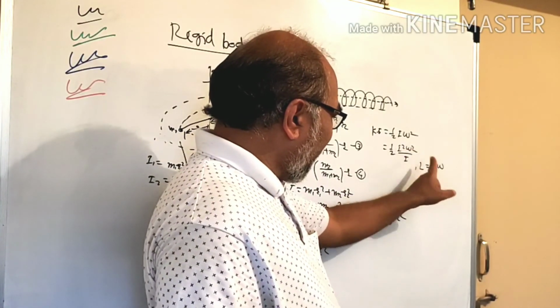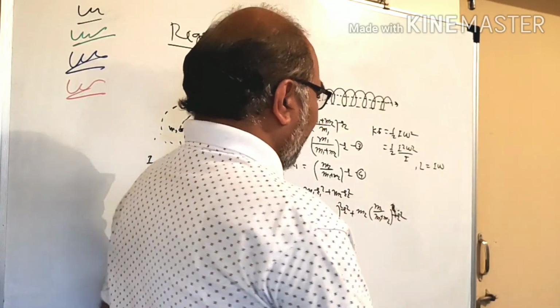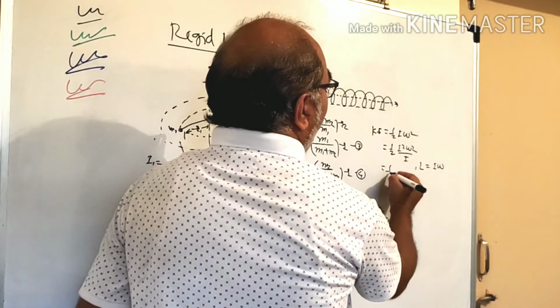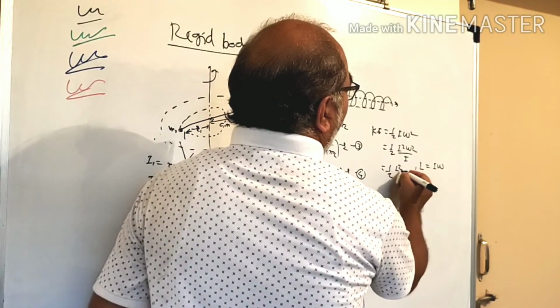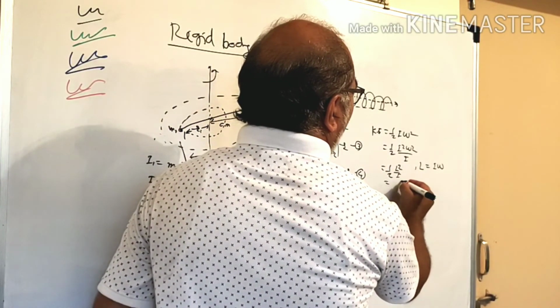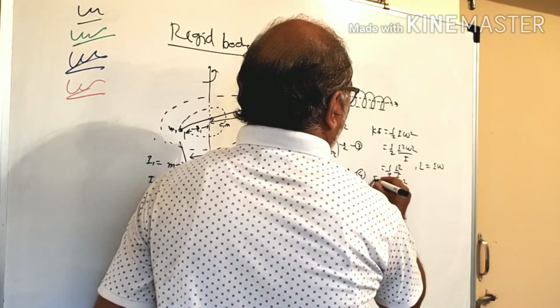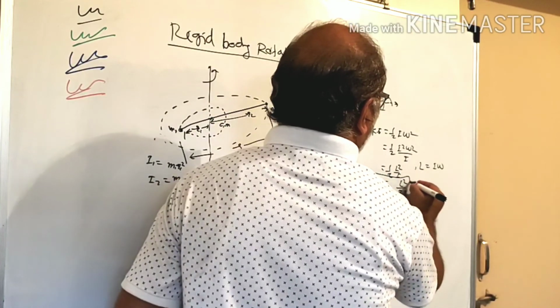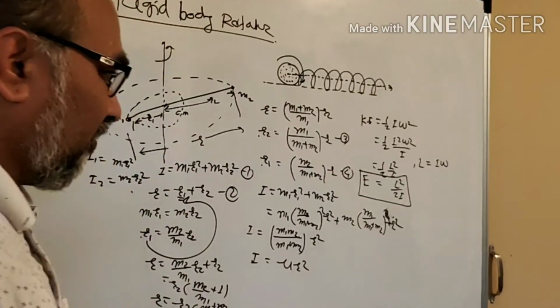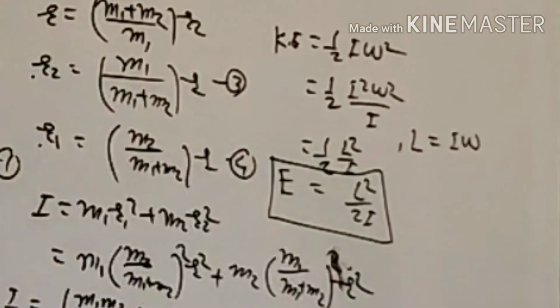I square omega square is nothing but L square, and therefore the kinetic energy is equal to 1/2 L square by I, which is L square divided by 2I. This is nothing but the kinetic energy of a rigid rotating particle.